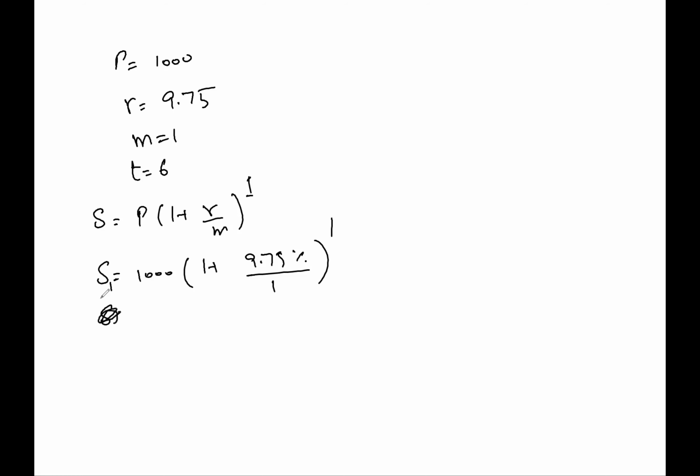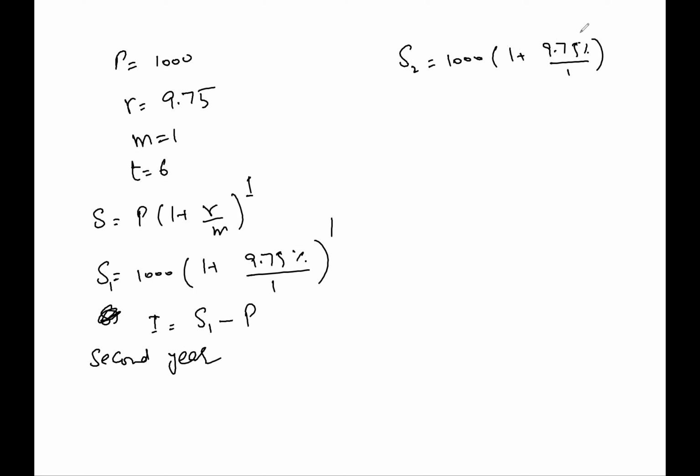Yes. The first year's interest will be S1 minus P. Understand? Okay. For the second year, he is saying calculate interest after every year. For the second year, it would be S2 equals 1,000 times 1 plus 9.75% over 1, raised to the power 2.